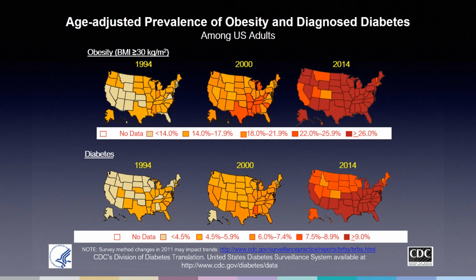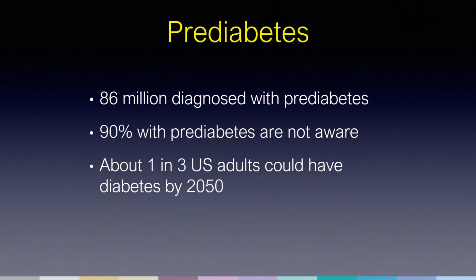As of 2014, over a quarter of the population in most states are clinically obese. And you can see very clearly on the row below that the incidence and prevalence of diabetes has been following right along with the prevalence of obesity. So this is a weight problem primarily.